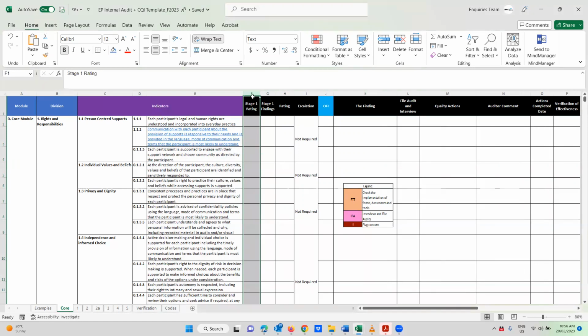So stage 1 rating, stage 1 findings, and then once we finish the stage 1, we know what we've got to look at. We know where there's something missing, and we know the questions we need to ask. Now, sometimes the tools and the templates that we're going to be looking at in stage 2, in our face-to-face with you as a provider, are going to take away any questions we might have around whether we can give you a conformity on that.